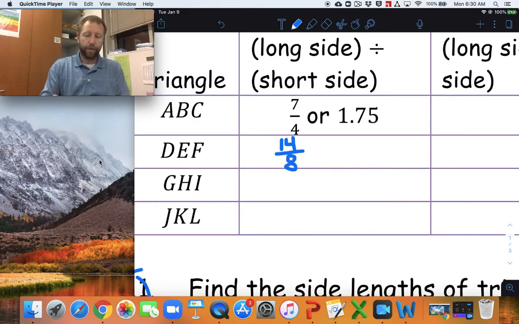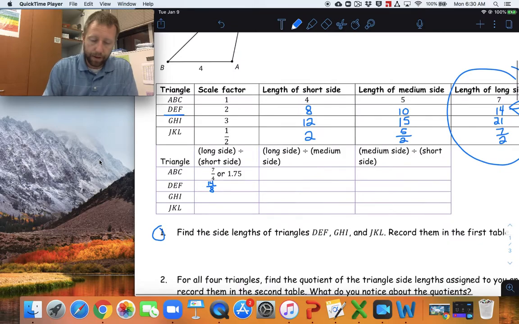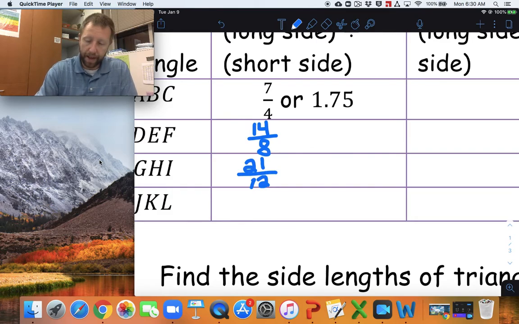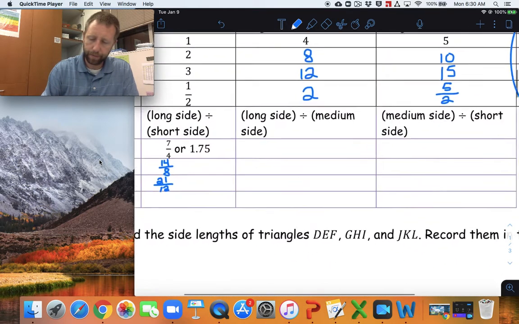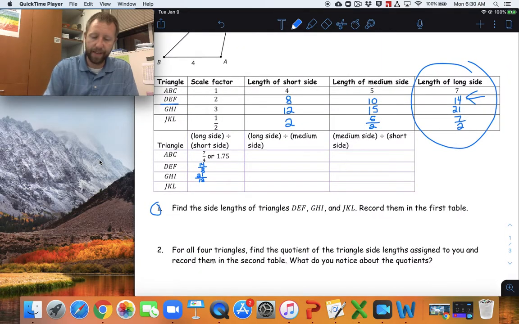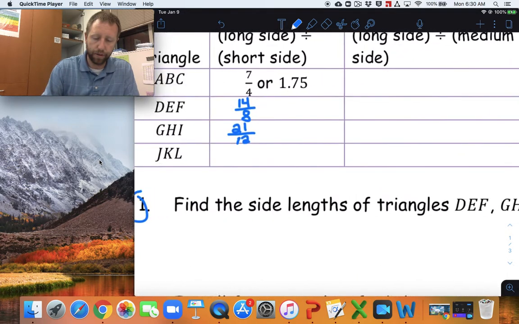Okay. For GHI, it is 21 divided by 12. Write that there. 21 divided by 12. And then for the last one, remember this is the triangle that got smaller, JKL, it's 7/2 divided by 2.